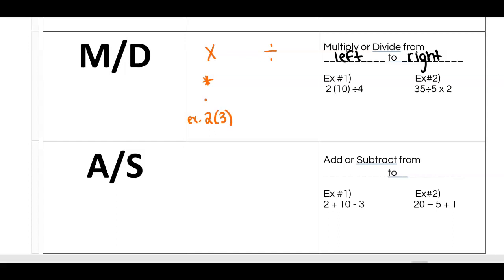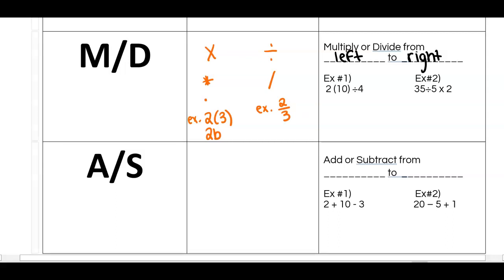The reason we do that is the x tends to look like a variable, so we just took it out. Or on the flip side, if you say like 2b, that means 2 times b. We don't use the x for multiplication because it looks like an x, the variable, and that can be confusing. For division, you may also see a slash. You can also see something written as a fraction, like 2 over 3 means 2 divided by 3. Different ways to see multiplication and division.